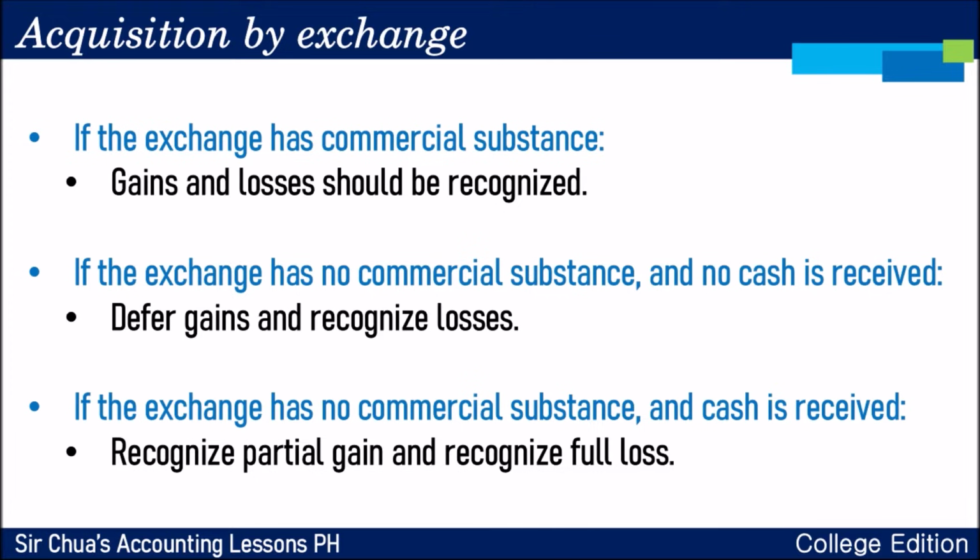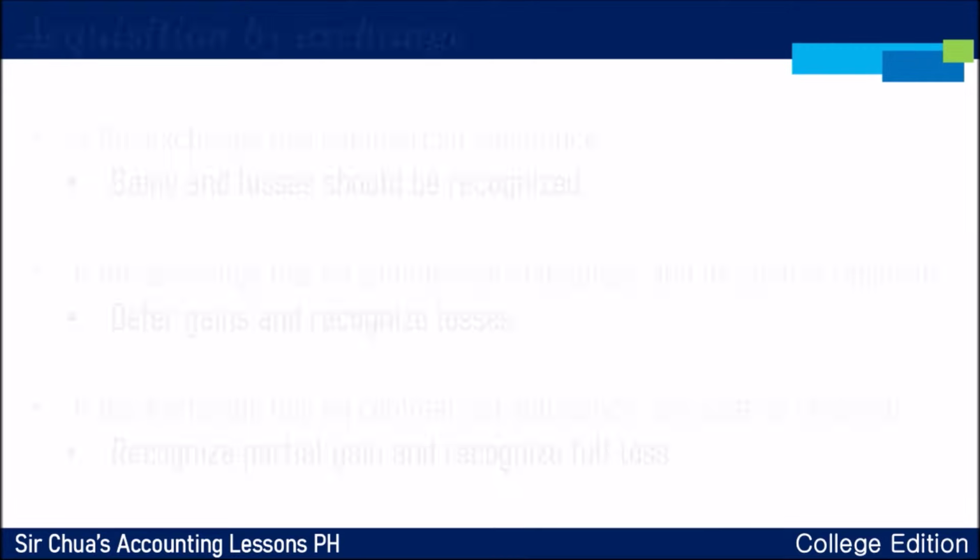Parang ganon, okay? So, you need to defer gains, but pag may loss po, diretso nating i-recognize. But if the exchange has no commercial substance, pero may cash involved, then gain is recognized partially, but loss is recognized in full, okay? So, let's discuss some problems involving commercial substance.